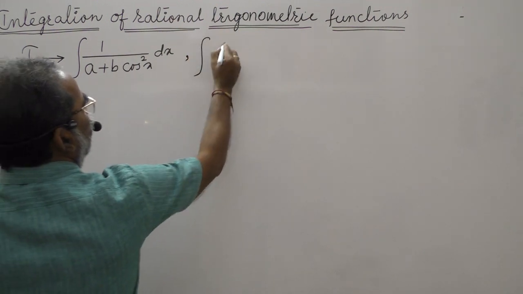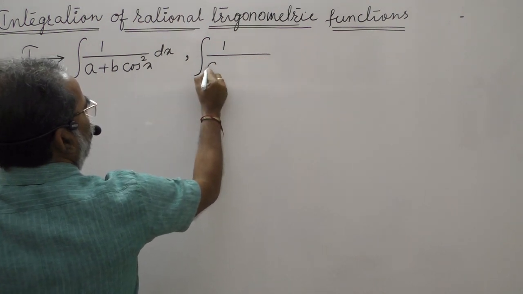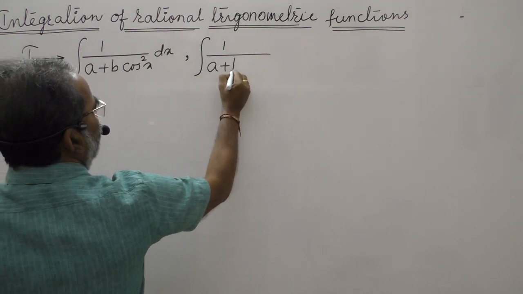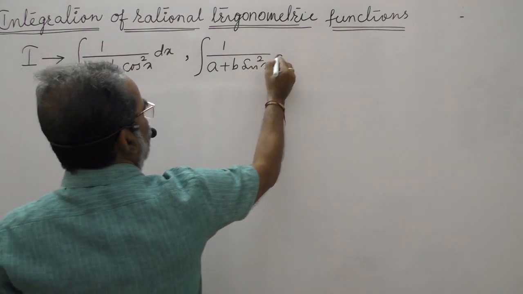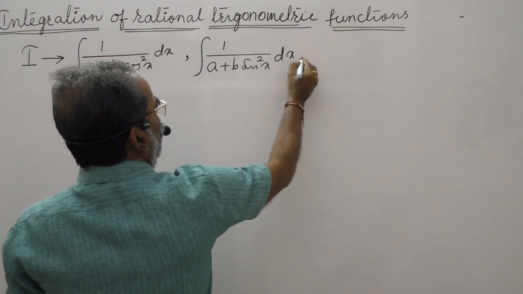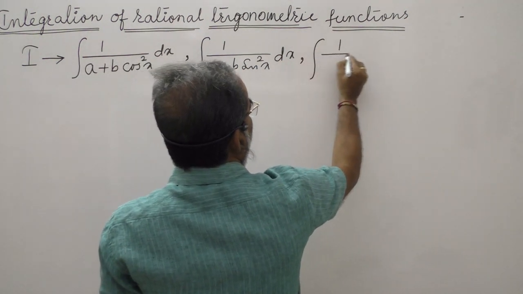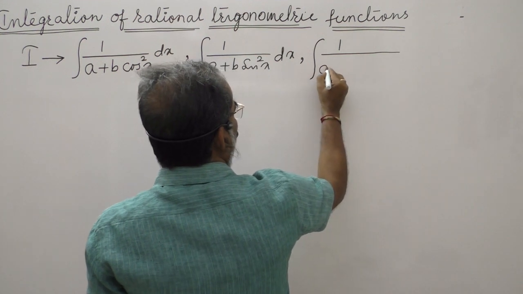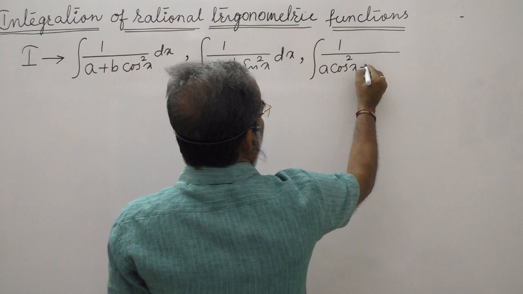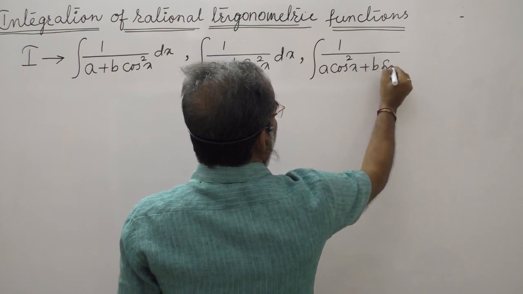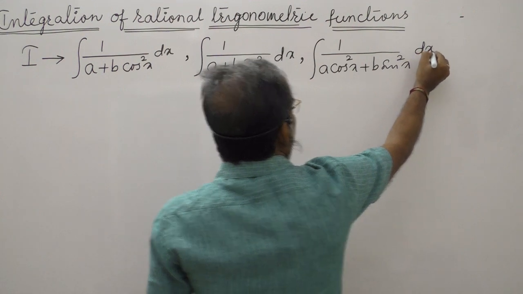Next, integral 1 divided by a plus b sin square x into dx, or integral 1 divided by a cos square x plus b sin square x into dx.